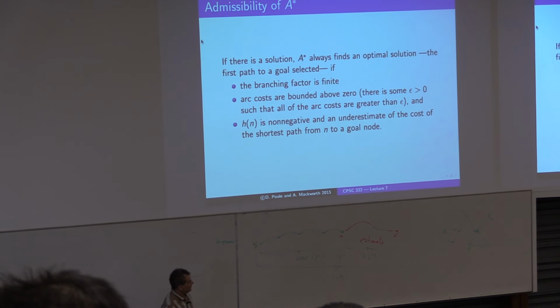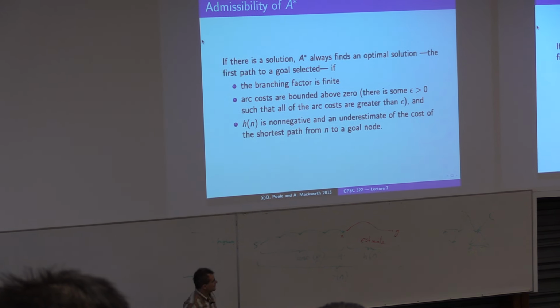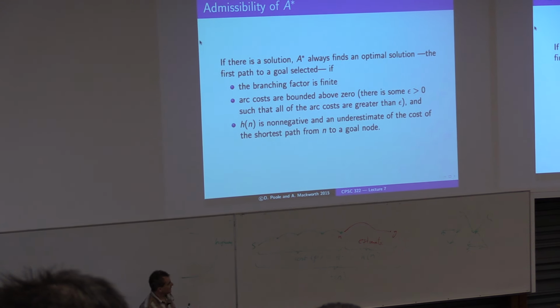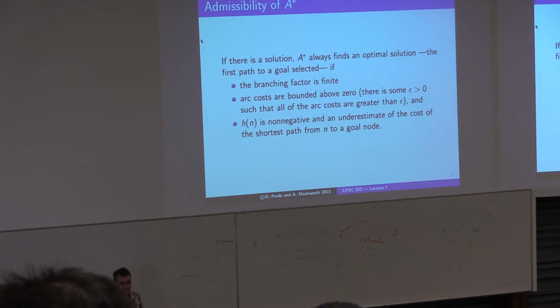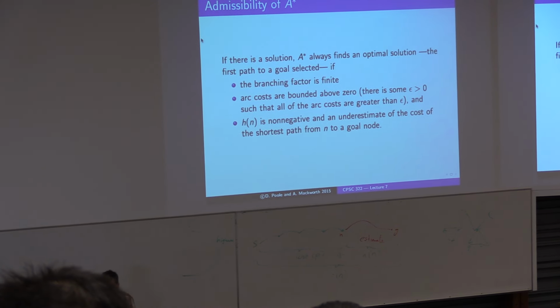The arc costs have to be bounded above 0, so we're going to assume that there is some epsilon greater than 0 such that the arc costs are greater than epsilon. And we're also going to assume that h of n is non-negative and is an underestimate of the cost of the shortest path from n to a goal node. Understand what these assumptions are; we'll explain why we're making these three assumptions in a minute.